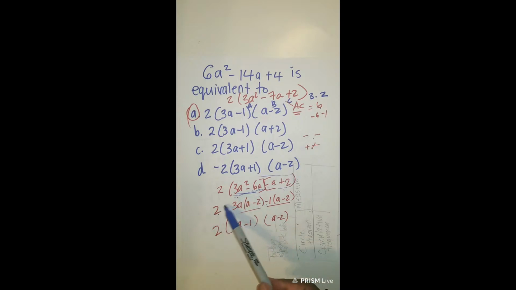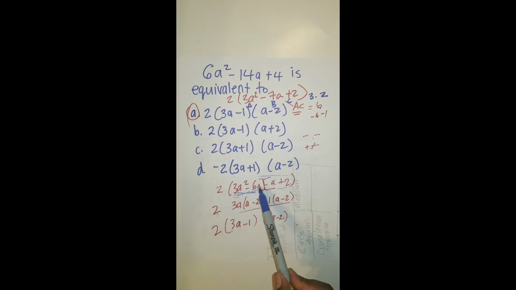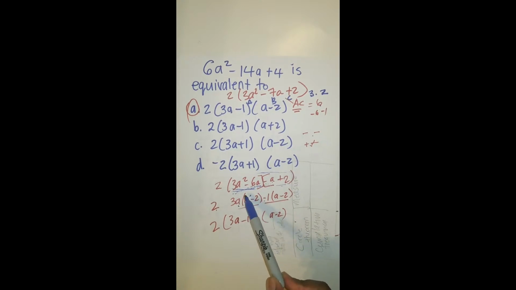Alright? So after doing this, we factor out 3a from 3a squared negative 6a. 3a is common. You factor it out. A minus 2. So 3a into that goes a, 3a into that goes 2. Between these 2, a negative 1 is common. Why do I know that? Because I want the 2 brackets to look alike.